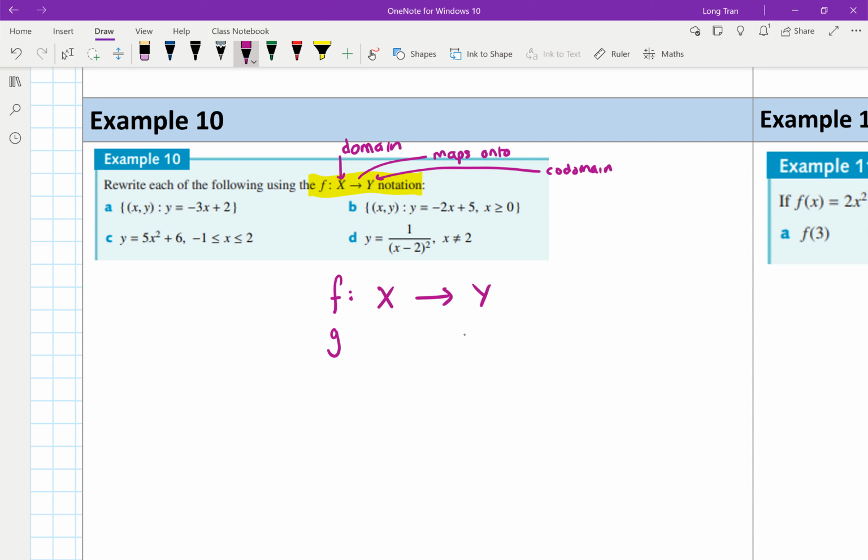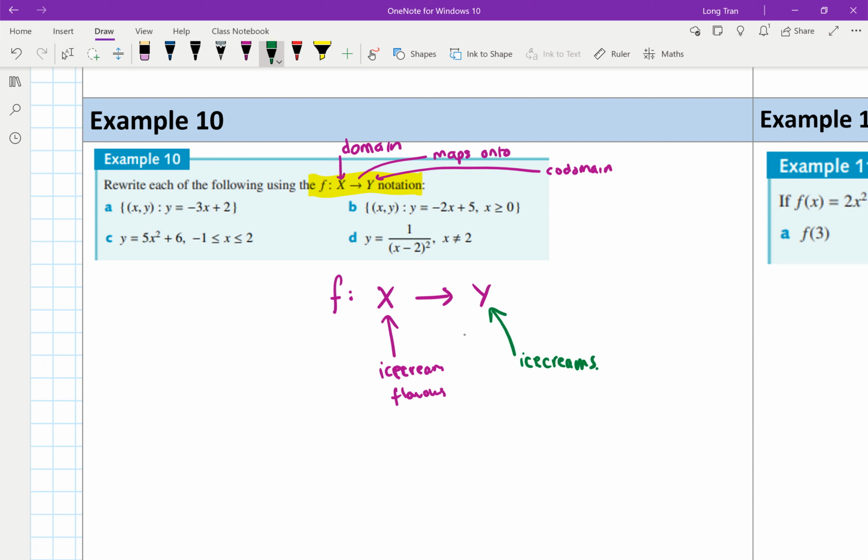I think of this as your ice cream flavors. Where are you taking your ice cream flavors from? Well, the ice cream flavors come from all the possible ice creams you can have.